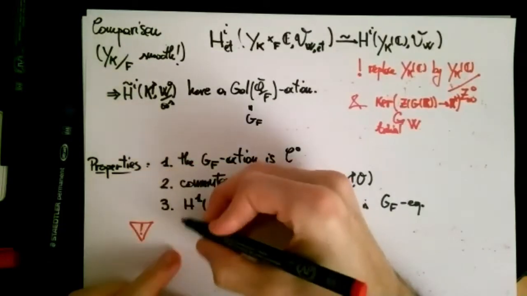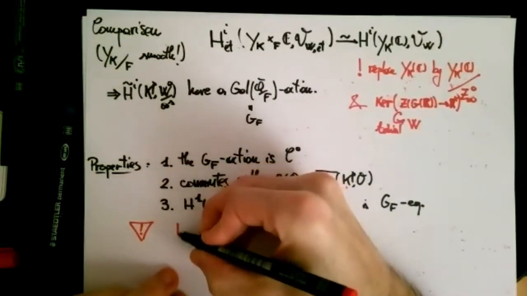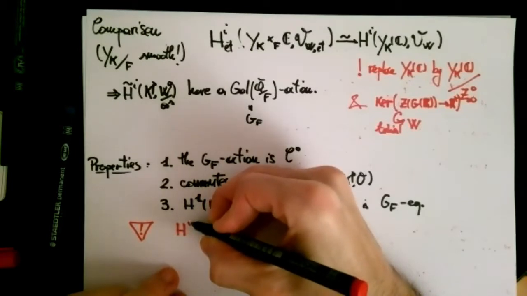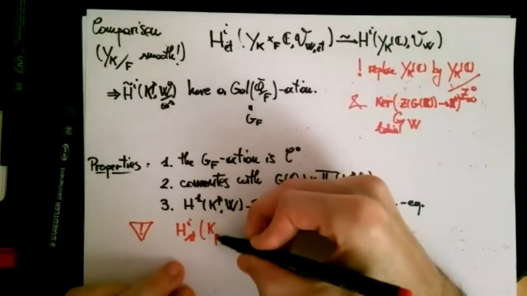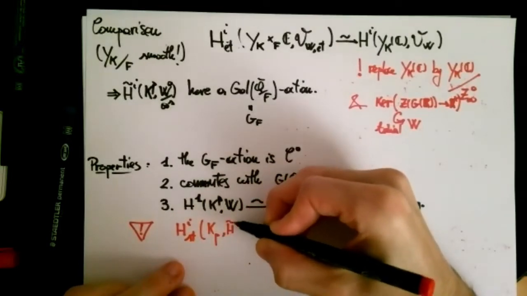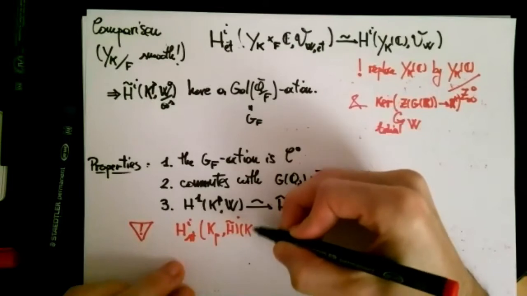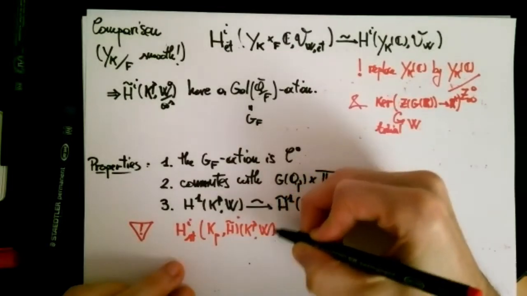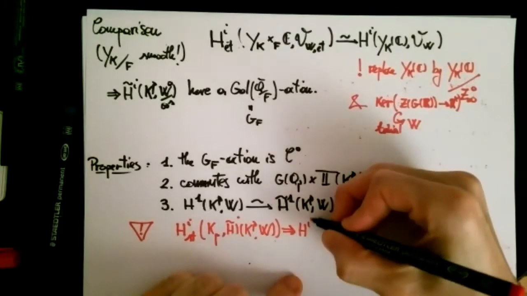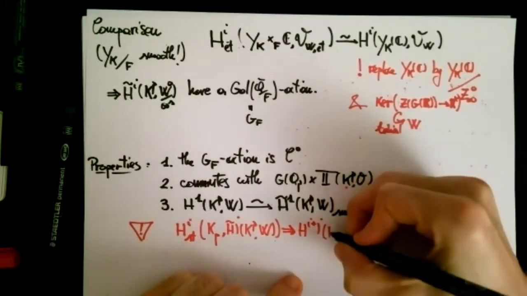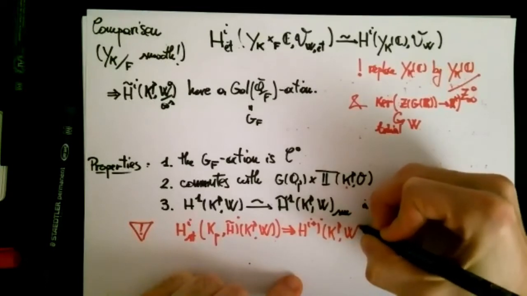This was obtained via a spectral sequence, H^i(K_p, H^j(K^p, W)) goes to H^{i+j}(K^p, W).